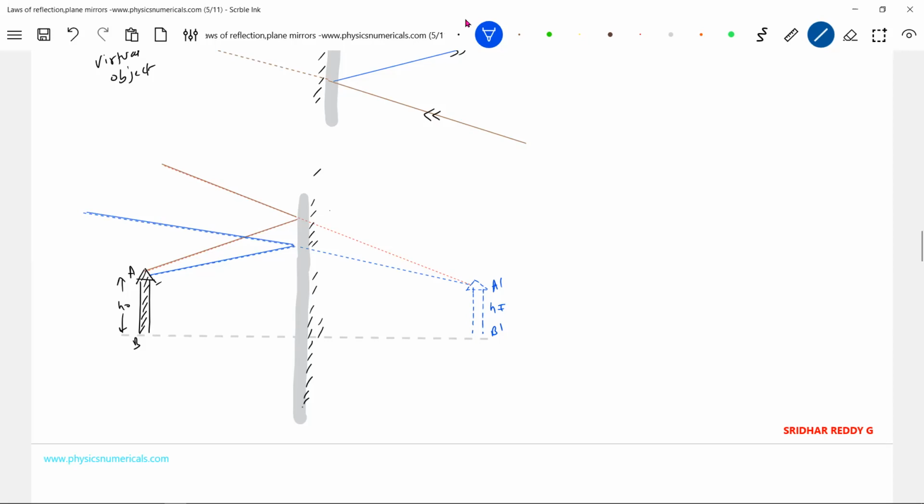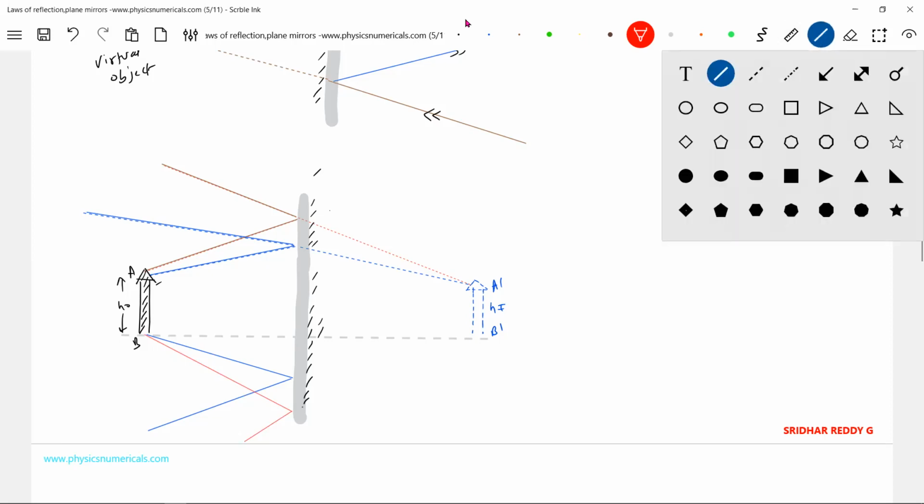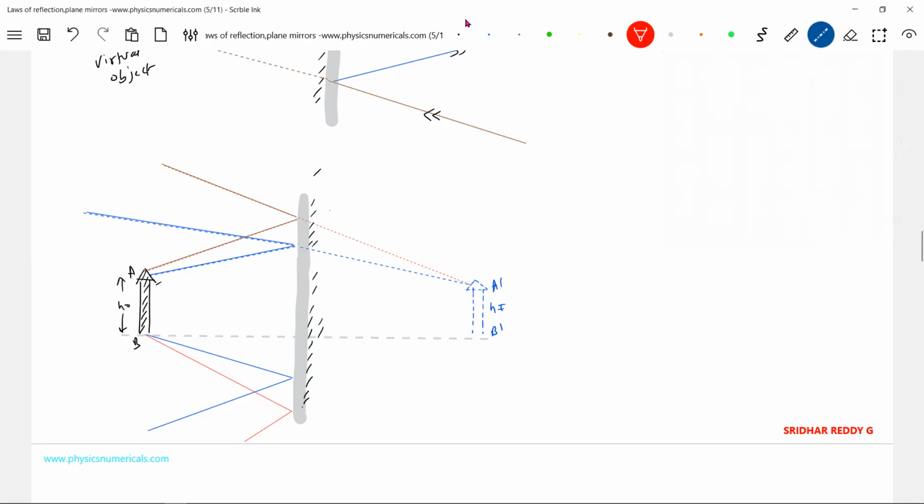Okay, sir, what about B? For B, can you show the ray diagram? It's the same similar approach. From B, let a ray be incident at some point on the mirror. Then after reflection, we'll get here. Then you pick up one more ray. Then produce back those two rays.